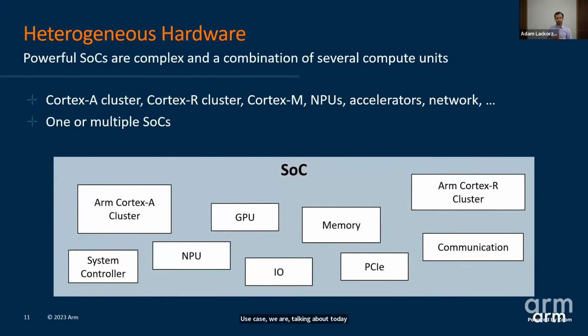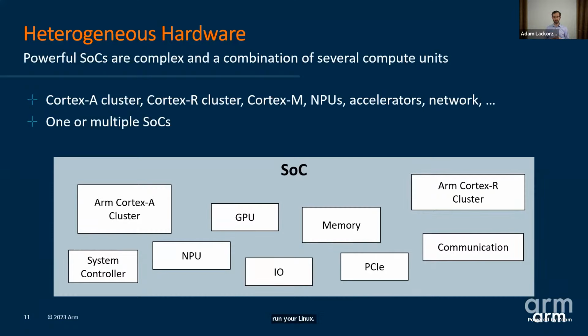Okay, so now when we look at a heterogeneous hardware platform, or a hardware platform that is typically used, this is an example, a made-up example, but what we generally see is that an SoC consists of multiple different kinds of compute units. So there's a Cortex-A cluster, for example, where you run your Linux or other rich OSs.